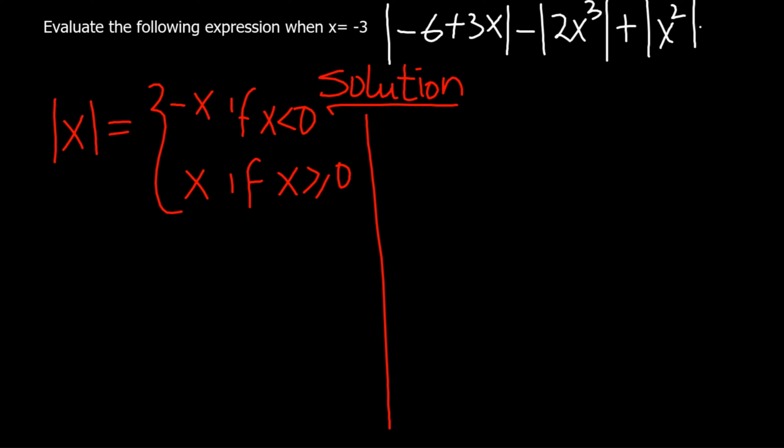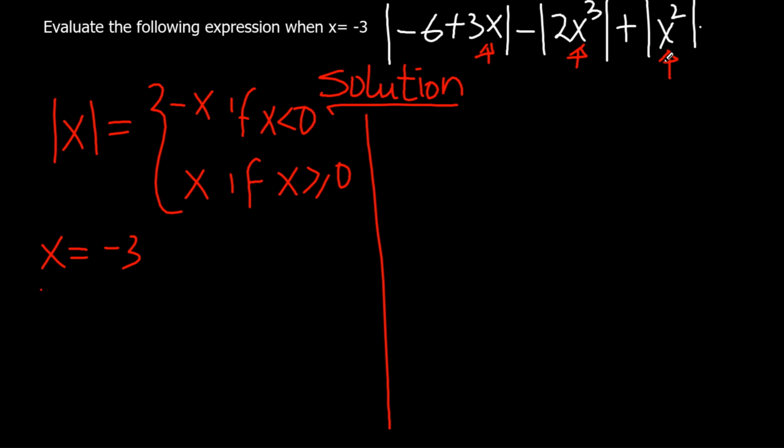So we have this equation here. Now x is given to be -3, so we can substitute x in each of these variables. We replace x there, which is -3.